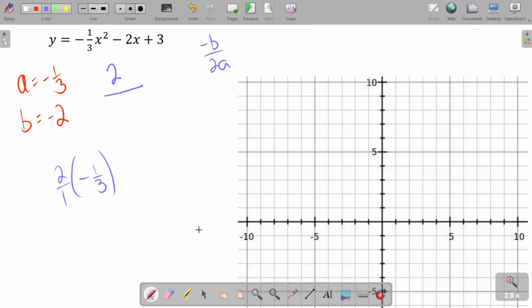It's a positive times a negative, so I know it equals a negative. And I'll just use red here. What's 2 times 1? 2. And what's 1 times 3? So as much as you may not like it, the bottom of our fraction is a fraction. When you do 2 times A, you actually get -2/3.